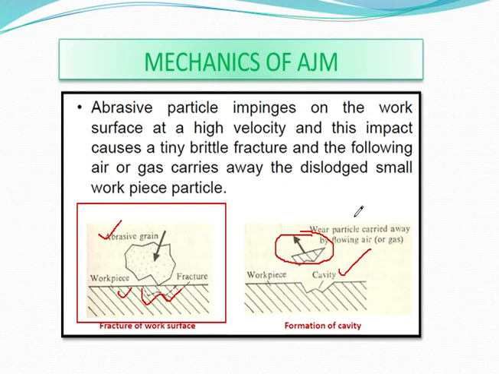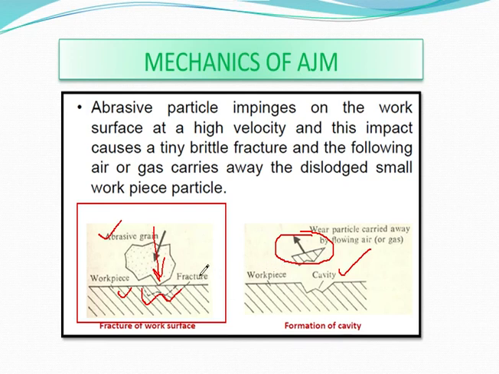The high velocity stream of abrasive is generated by converting the pressure energy of the carrier gas or air to its kinetic energy, and hence the high velocity jet helps the particles to impinge on the workpiece. A nozzle directs the abrasive jet in a controlled manner onto the work material. The high velocity abrasive particles remove the material by micro-cutting action as well as brittle fracture of the work material.